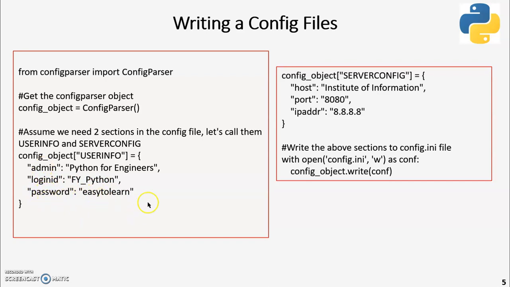Now, if you see properly, I have actually defined it as a dictionary with keys and values. Similarly, the second section of my config parser is config underscore object. What is it? It is the server config, where it has the host, the port, and the IP address.